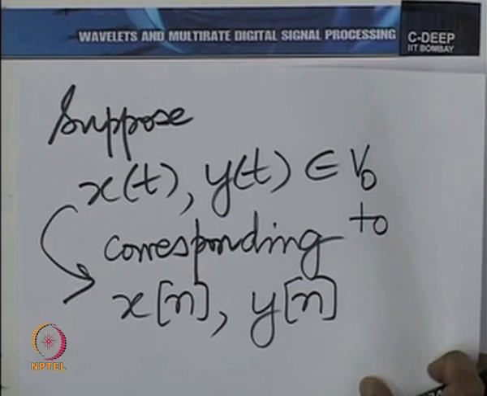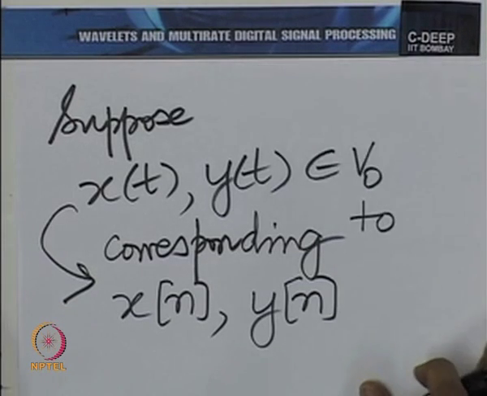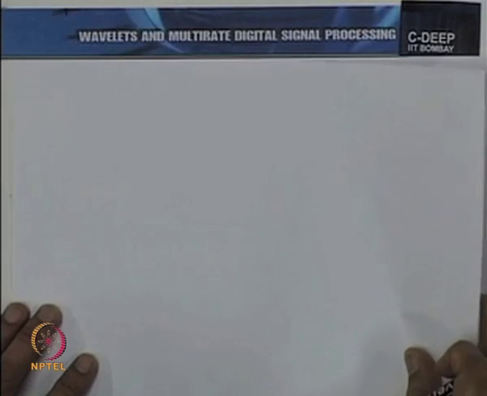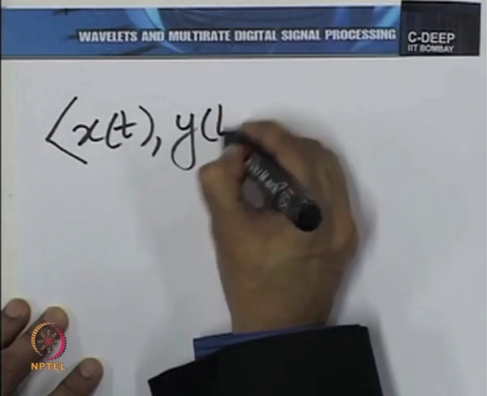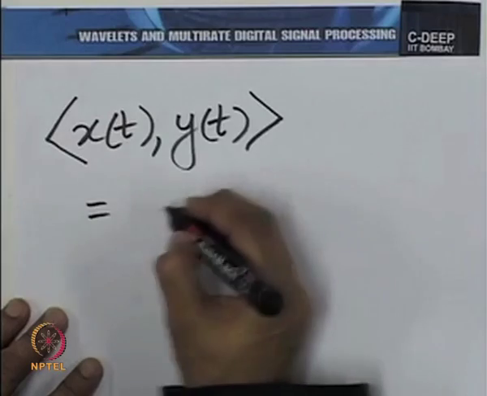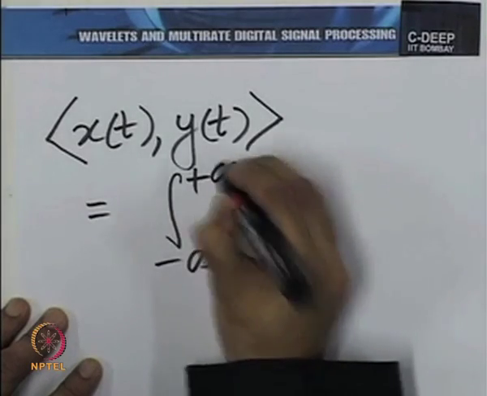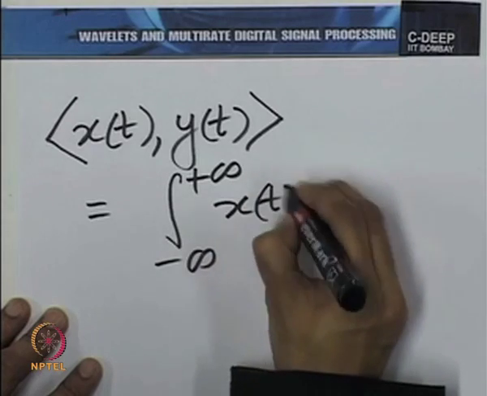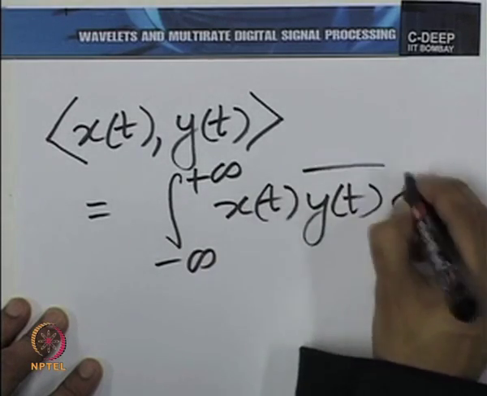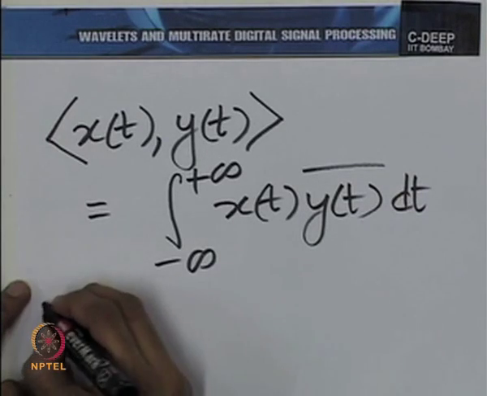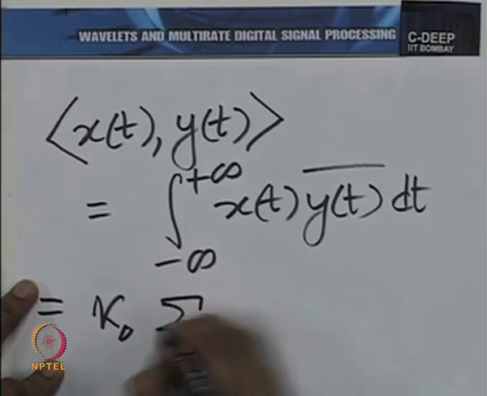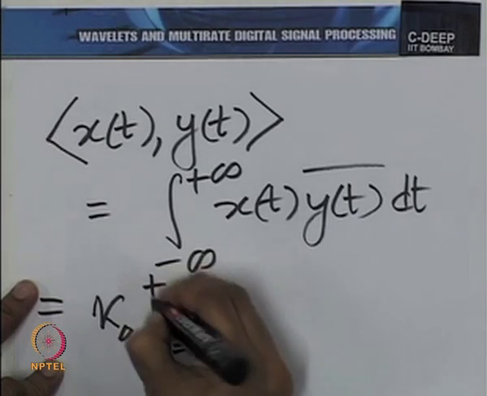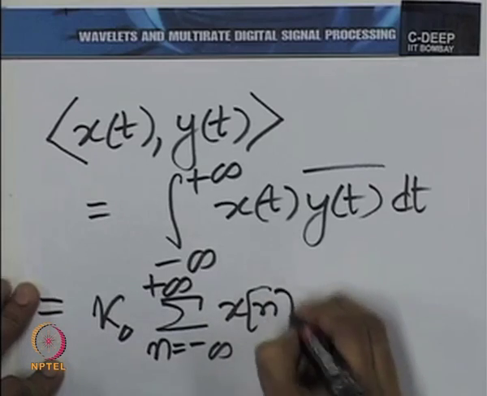Then the inner product of x(t) and y(t), understood on the continuous time axis, which is of course given by the integral from minus to plus infinity of x(t) y bar(t) dt, is some constant times the summation, n going from minus to plus infinity, of x[n] y bar[n].